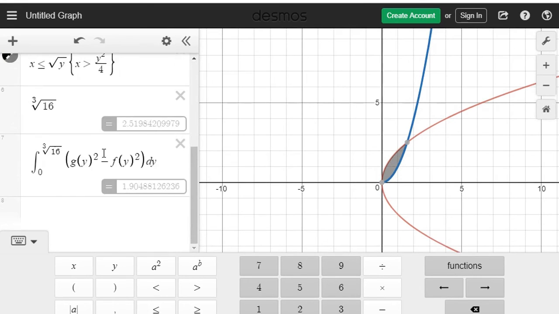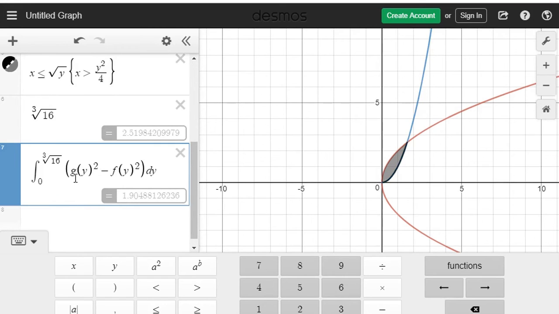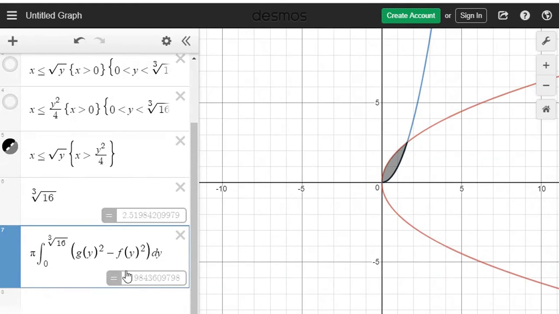So that's going to give me g of y squared, and then I'm going to subtract f of y squared because that's the smaller radius, which is y squared over 4 in this case. So then I do pi times that, and I end up with 5.984 as my answer. So this is what you'd write down for number 3.